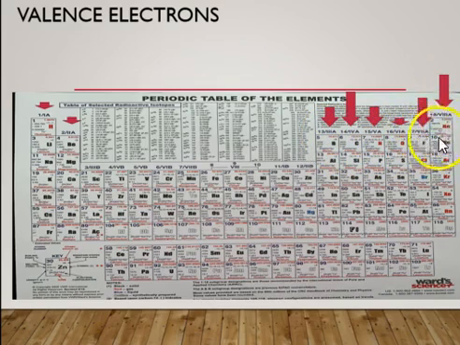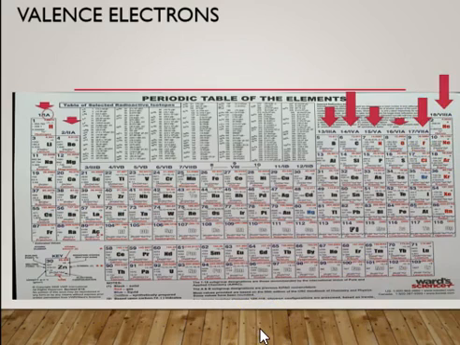Remember, disclaimer, helium does not have 8 valence electrons because it only has 2. So even though it's in the 8 column, don't answer that it has 8 valence electrons. It only has 2 valence electrons because it only has 2 electrons total.